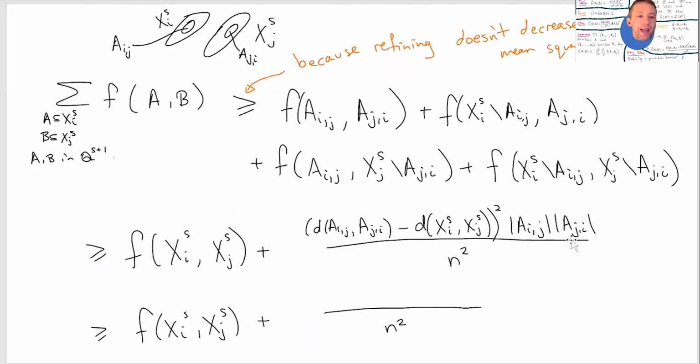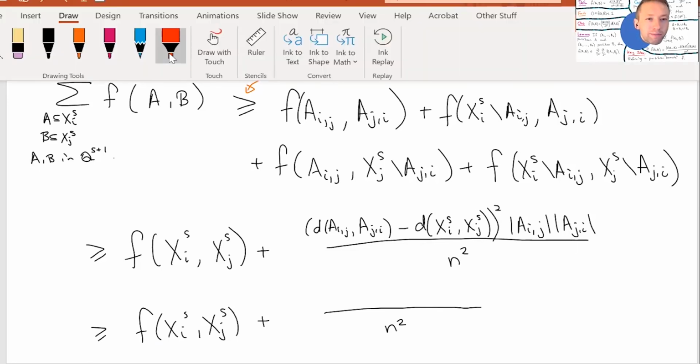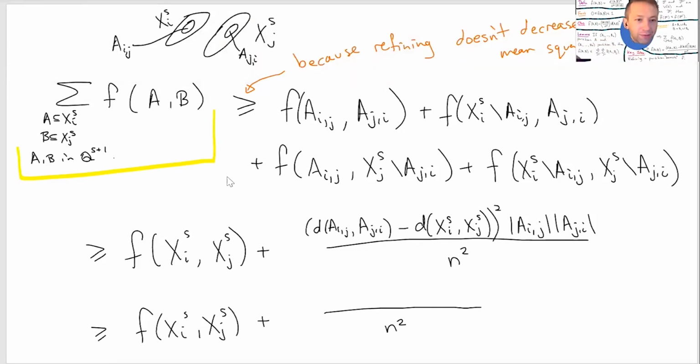Actually, I'm going to go the other way around. So suppose I start by looking at this sum right now. This is the thing that xi, xj gets replaced with, this entire sum.